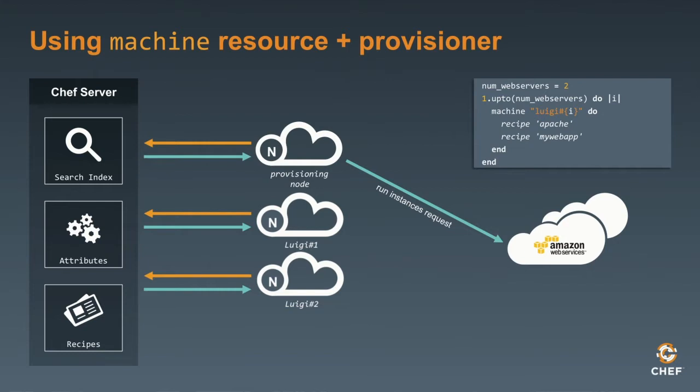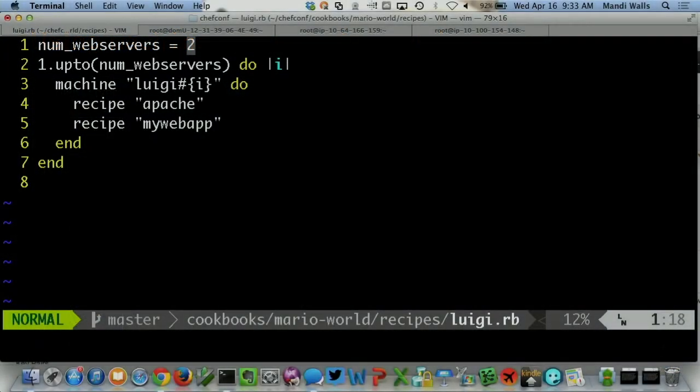I'm going to go into my Luigi recipe that's part of the provisioning node's run list. I'm going to change the number of Luigi nodes from 2 to 3 because I'm scaling up my application.